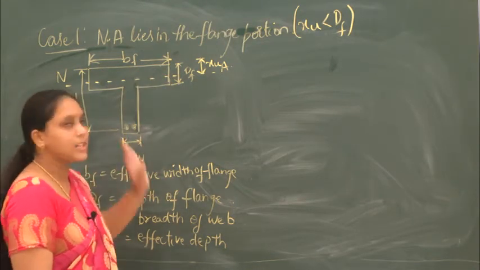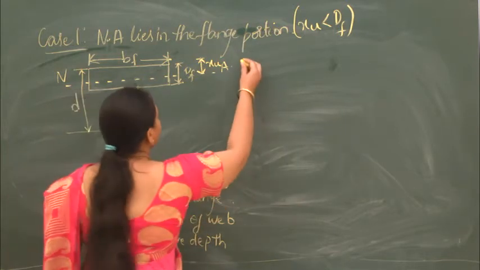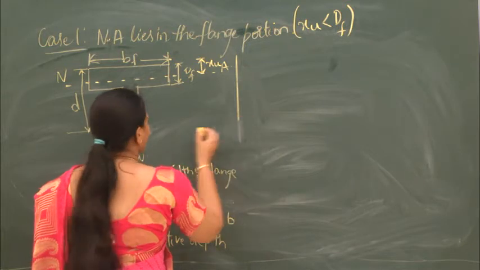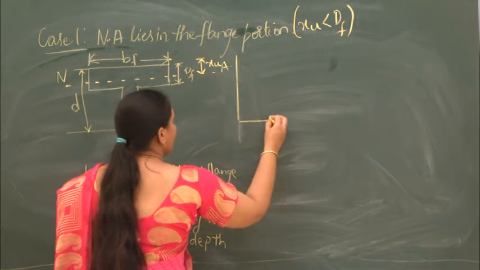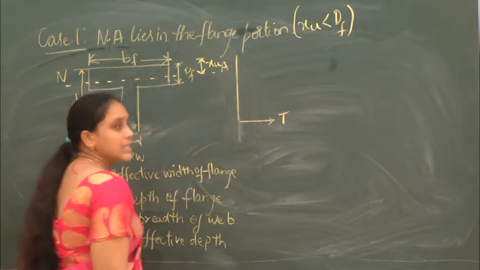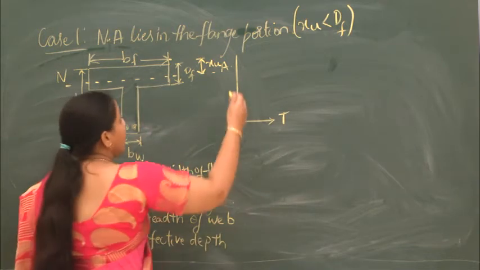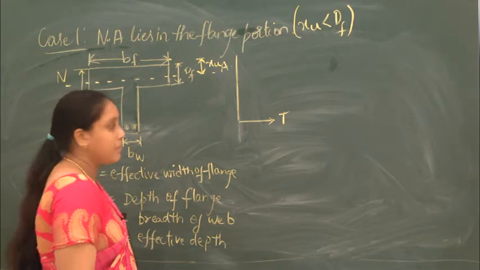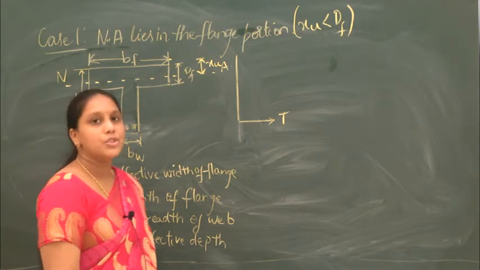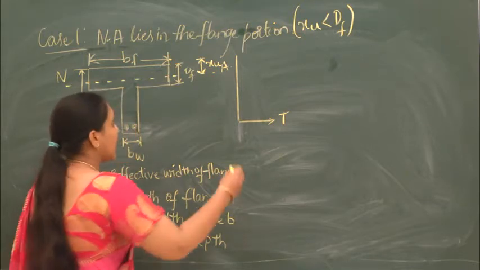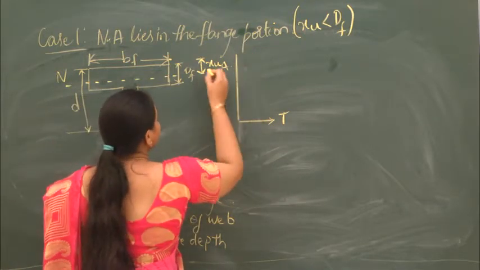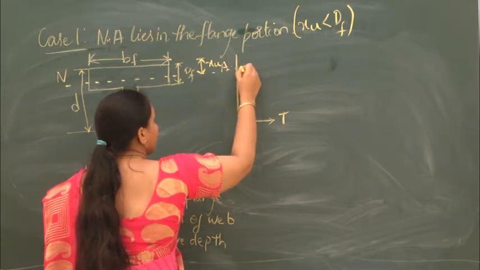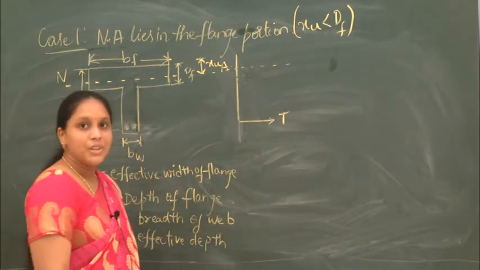So first let us draw the stress block. Here you are going to have the tensile force T, and at the top you are going to have the compressive force C. The stress block is going to start from the neutral axis. Here is the neutral axis.